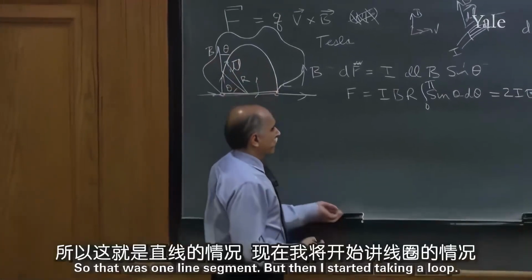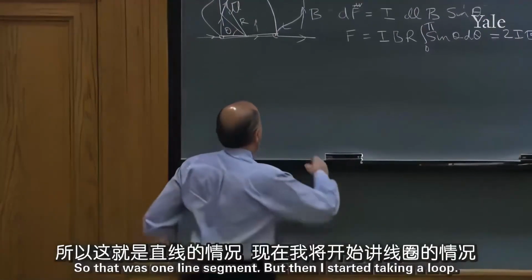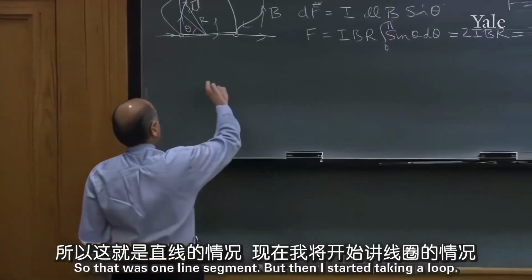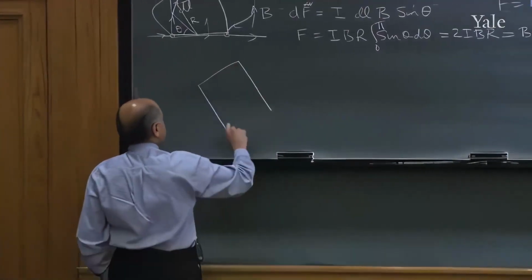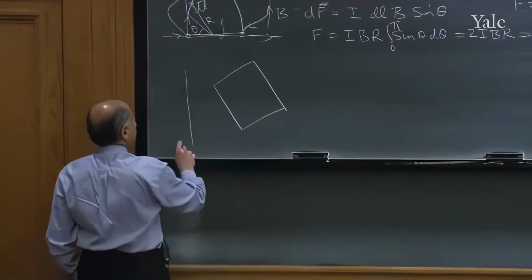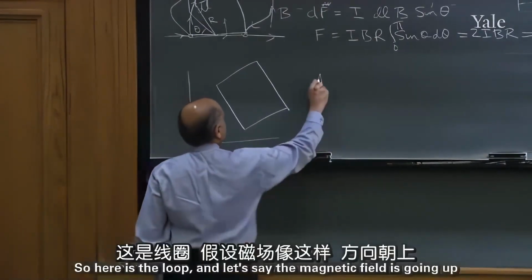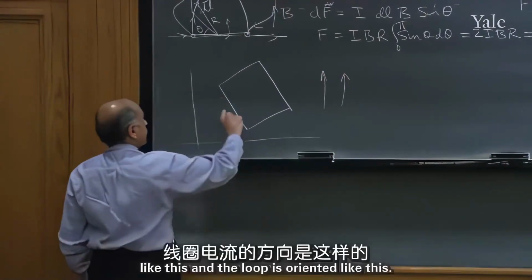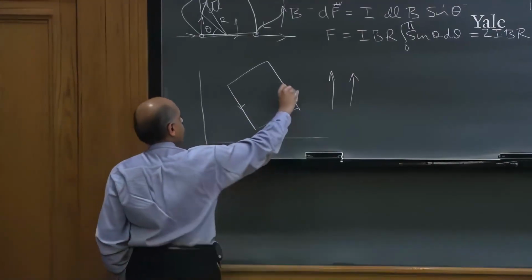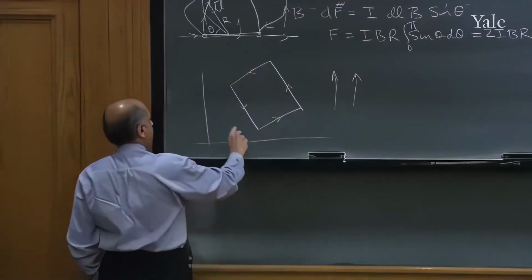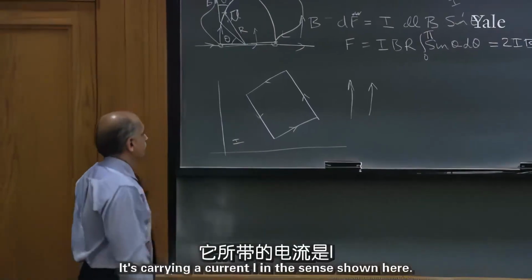Okay. So that was one line segment, but then I started taking a loop. So here is the loop, and let's say the magnetic field is going up like this, and the loop is oriented like this. It's carrying a current I in the sense shown here.